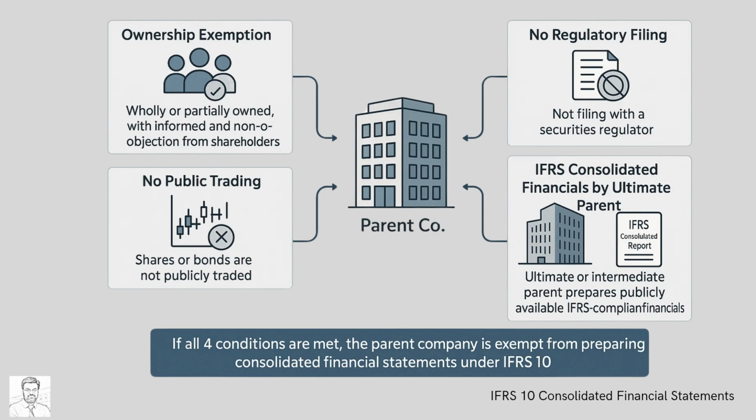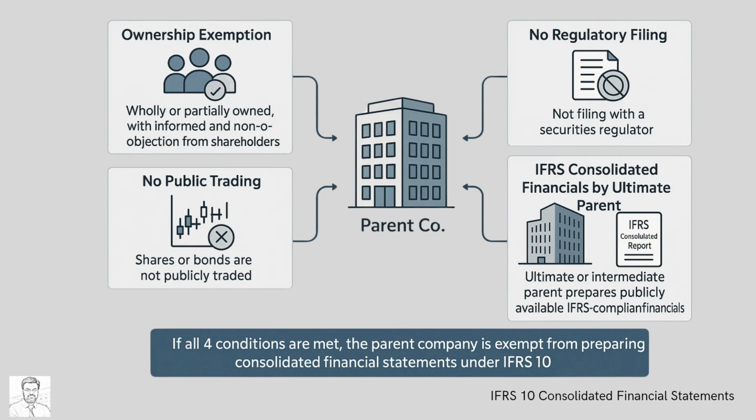Let's break those down. The first one: the company is a wholly owned subsidiary, or even just partially owned, and the other shareholders have been informed and they don't object to the parent skipping consolidation. Second, the company's shares or bonds are not traded in a public market. So it's not listed on the stock exchange or anything.